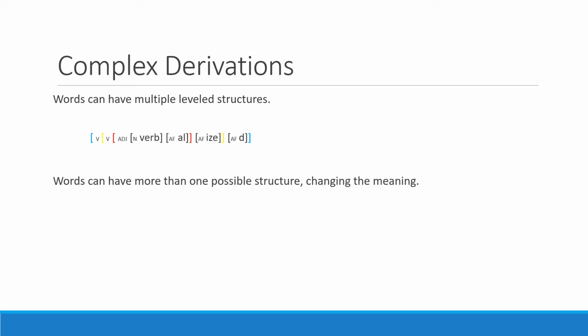One thing interesting about the derivations of these words is that sometimes they're a little bit complex in that words can have more than one possible structure and it changes the meaning. So the first one here is unhappy, and it becomes unhappiness, right? So it's the state of unhappy.